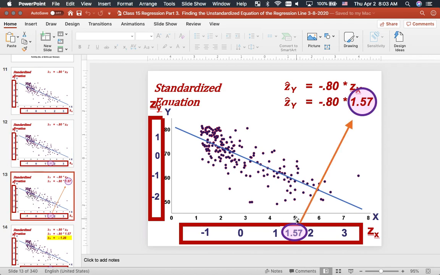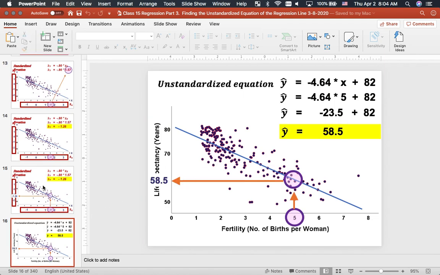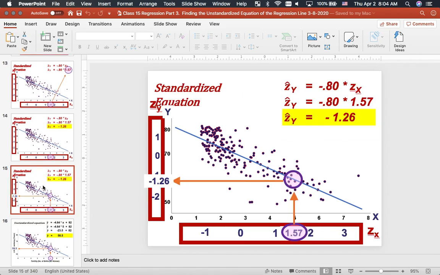So let's say we wanted to get 5 again, but we want to do it in z-scores. So 5 is about 1.57. We just plug that right in here to z of x, multiply that by 0.8 to get negative 1.26. So that would be z hat of y. And you can see that would be represented graphically by going up right there and going over.